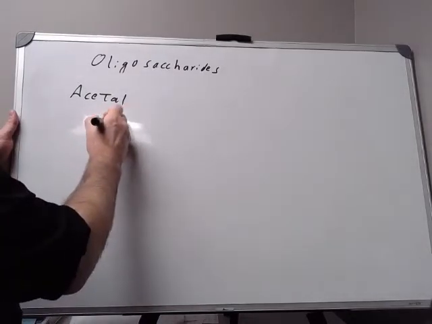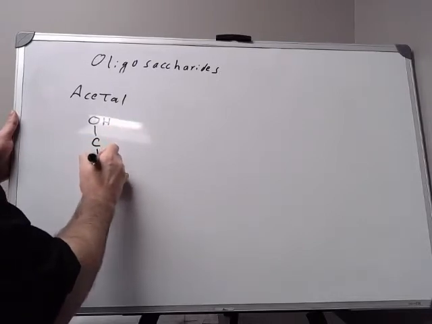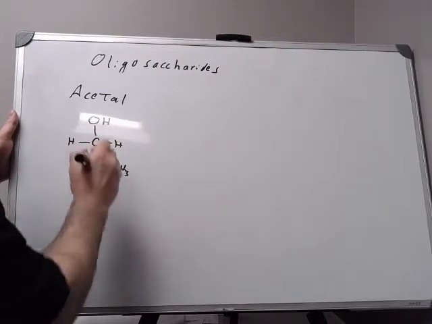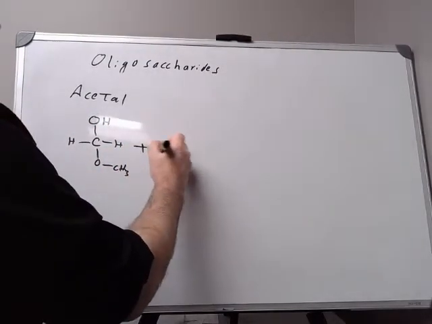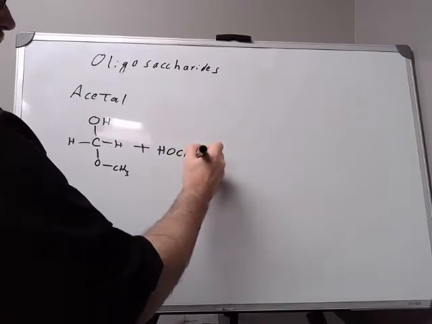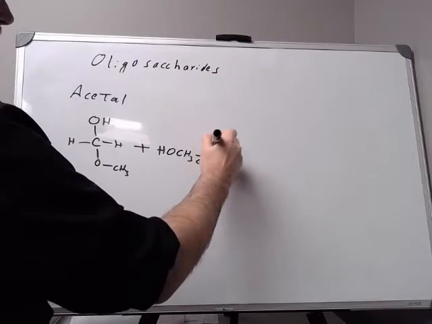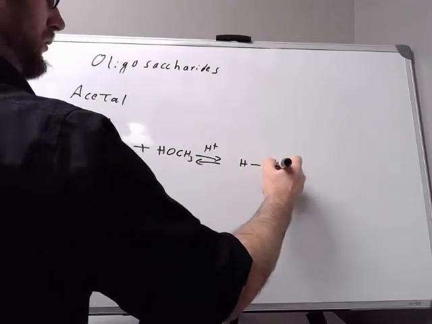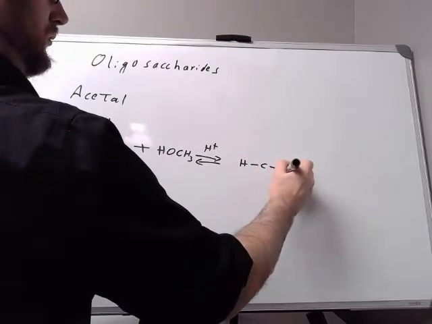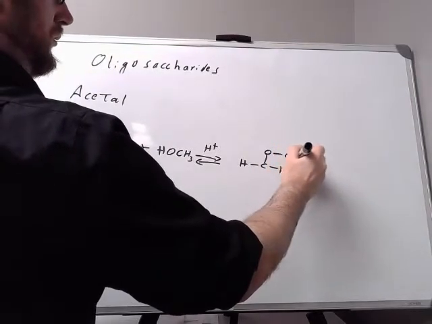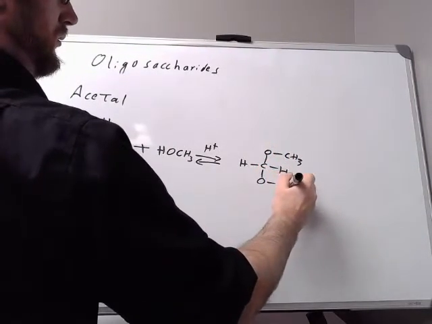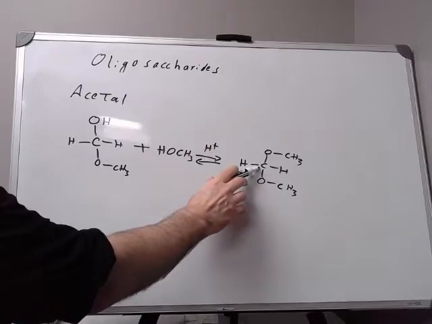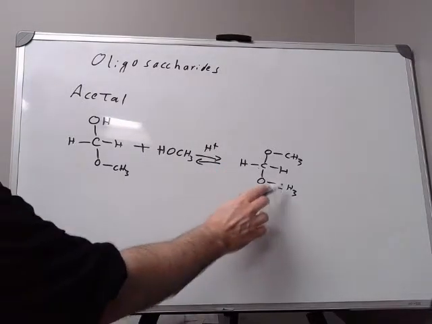In fact, we start by taking a hemiacetal and we react that with another alcohol under acidic conditions, so this H+, and so now we have two oxygens attached to this central carbon, and each of those oxygens is attached to another carbon.